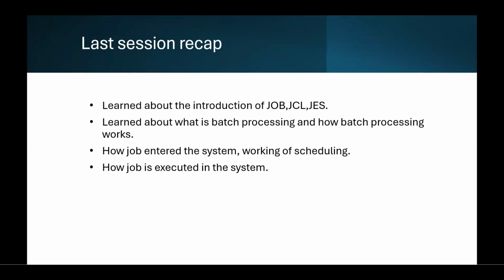Once our job has passed through the scheduler, it goes to the execution process. I have already explained how job execution is done in the system: how you allocate the data set and how you allocate the memory. After completion of any step, the deallocation of memory occurs, and then we go to the next job step. So this is all about the recap of the last session.